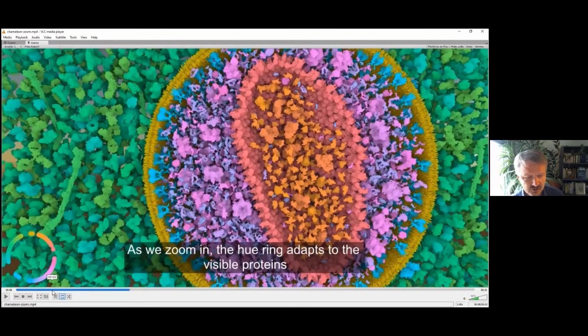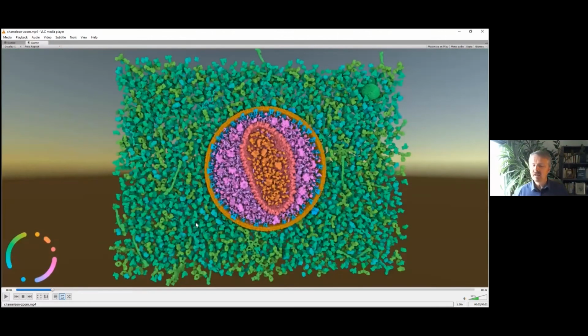So on the larger scale, we have a color map that distinguishes different major regions in this environment: the extracellular environment, the membrane, the intercellular environment, and so on and so forth. And the colors are basically used to distinguish between those environments.